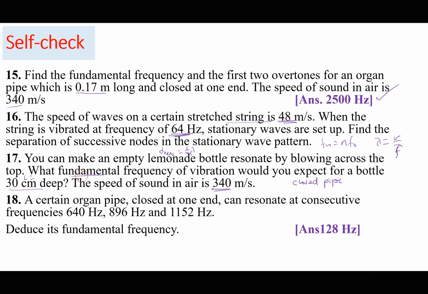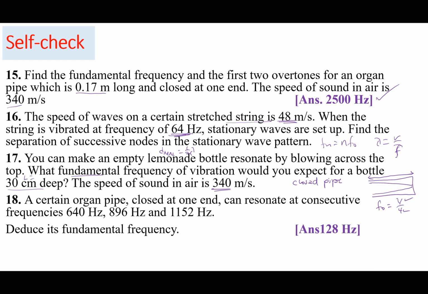So you want the fundamental frequency. So think of a closed pipe and think of a fundamental frequency. So the fundamental frequency F0 is V over 4L. We have derived this in one of the lessons because this length L is representing a quarter cycle. So V is given, L is also given as 30. You just change it to meters and substitute.